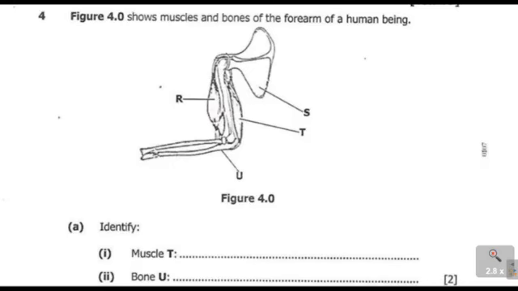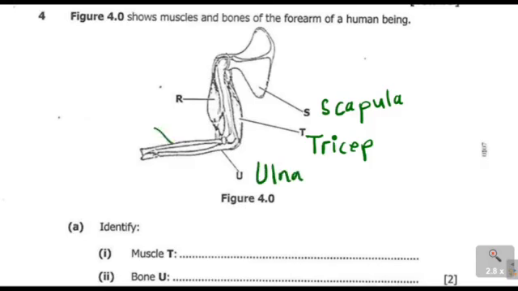So we have said the part labeled S, this is the scapular bone, and the muscle labeled T, we have said this is the tricep muscle, and this bone labeled U, this is the ulnar bone, and this one right here in front of the arm, this is the radius bone.